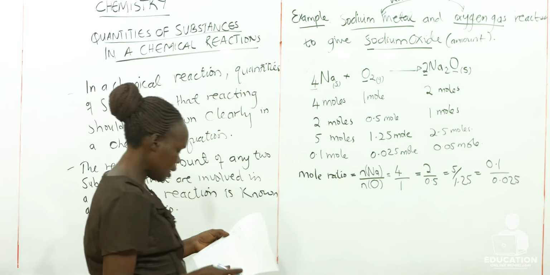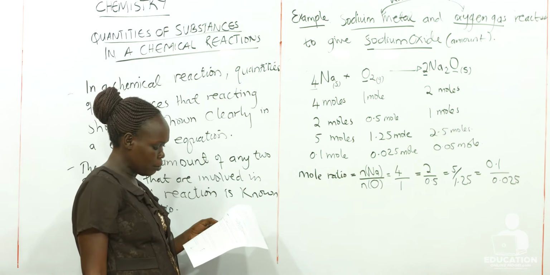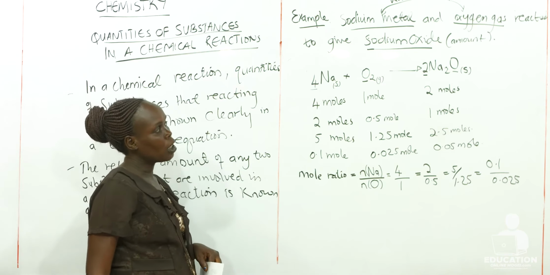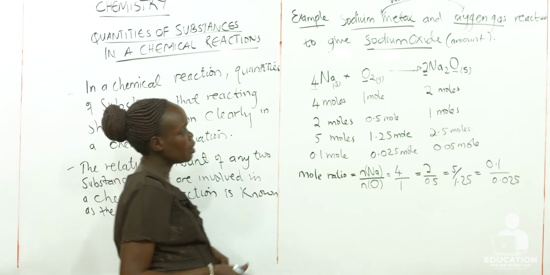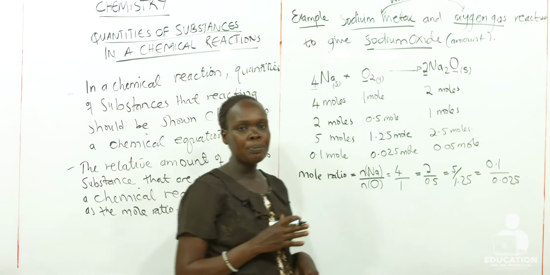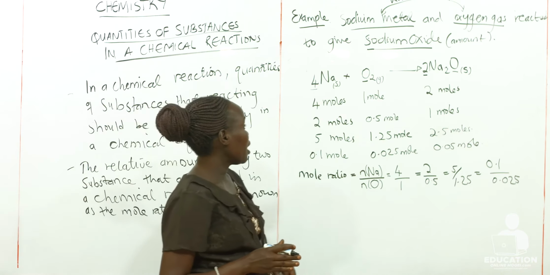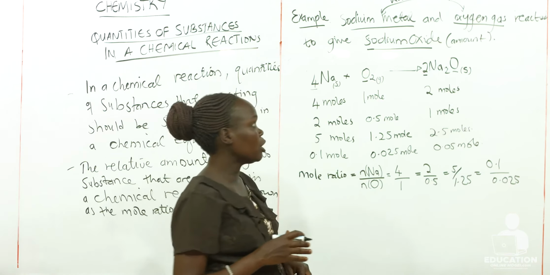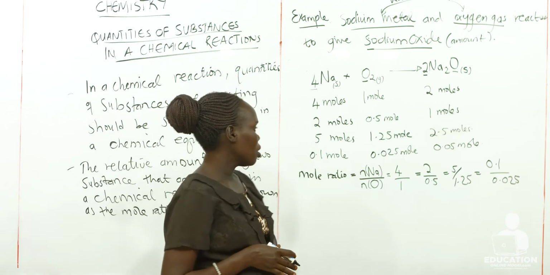So it is evident that it is not only 4 moles of sodium that can react with 1 mole of oxygen to produce sodium oxide. The various amounts can give us the moles of sodium oxide produced in the product. This represents the various quantities of the substances that are reacting in these reactions.